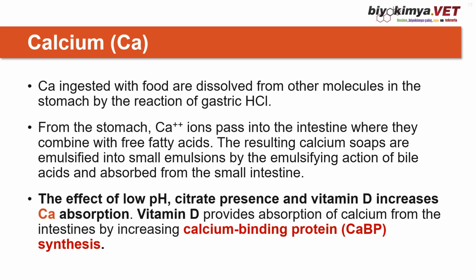Low pH, the presence of lactose, and vitamin D increase calcium absorption. Vitamin D provides absorption of calcium from the intestines by increasing calcium binding protein synthesis. So this is the effect of vitamin D, and it is an essential component of calcium metabolism in terms of regulation of the calcium balance of the body.